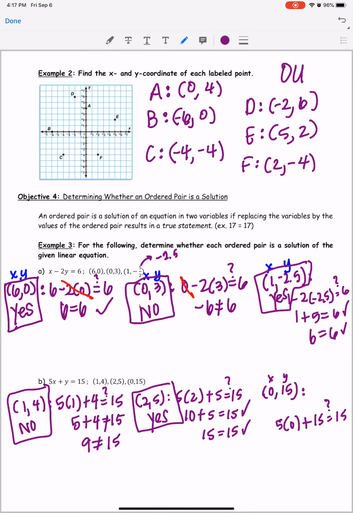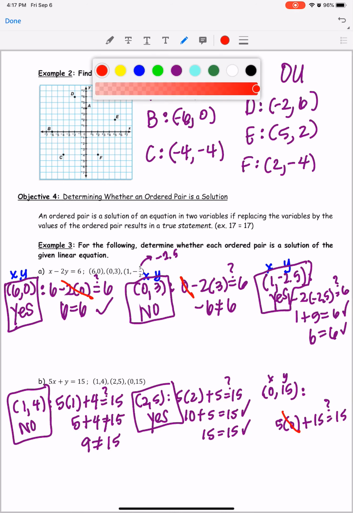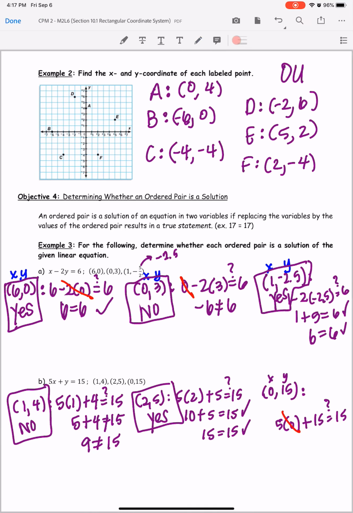And does that equal 15? Well, same as the first couple ones that we did. 0 times anything is 0, so that just goes away. And so now I'm left with 15 equals 15. So that works. So this is a yes.